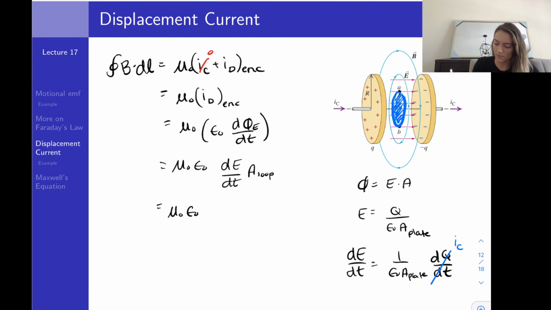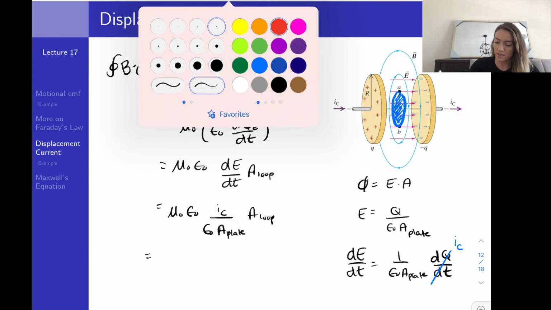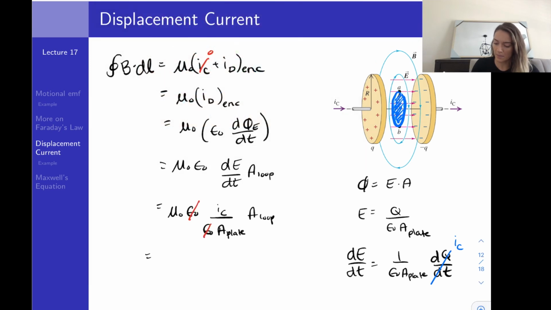So we have mu naught epsilon naught. dE/dt, we said here, was I sub C divided by epsilon naught divided by the area of the plate. And now we have our area enclosed by the loop from the flux. So we can see right away that our epsilon naughts cancel, so let's cancel those out.